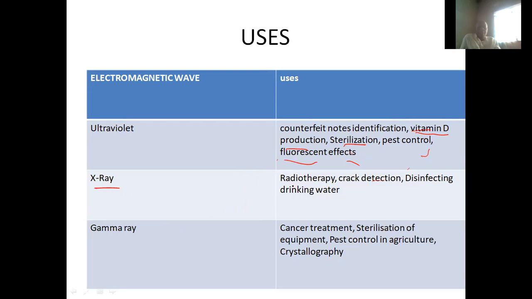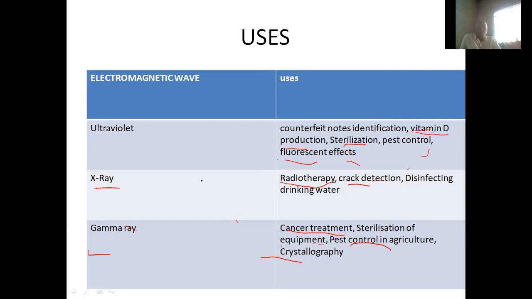X-ray is used in radiotherapy, or when you want to determine cracks. You can easily detect the cracks using the X-ray. Gamma rays are used for treating cancer, as well as sterilizing medical equipment, as well as pest control in agriculture. Also in crystallography, we use gamma rays.